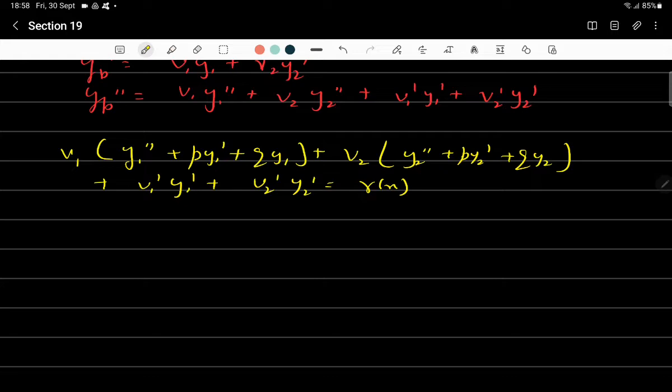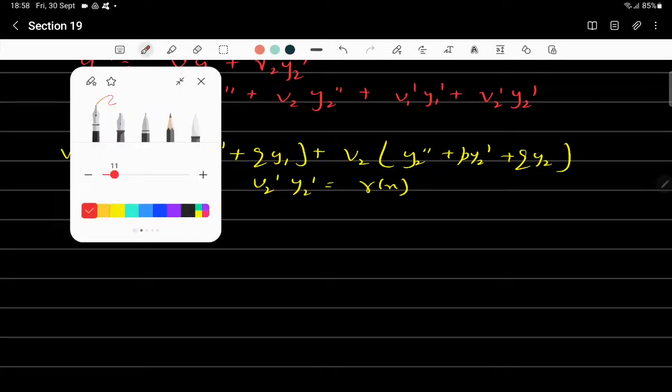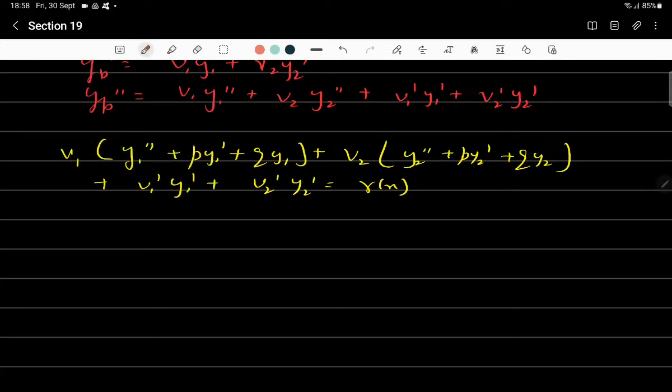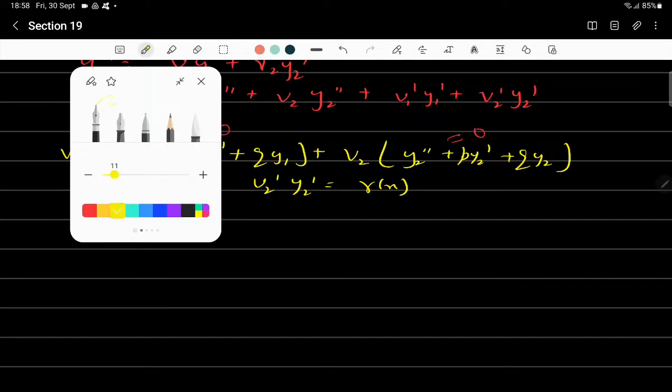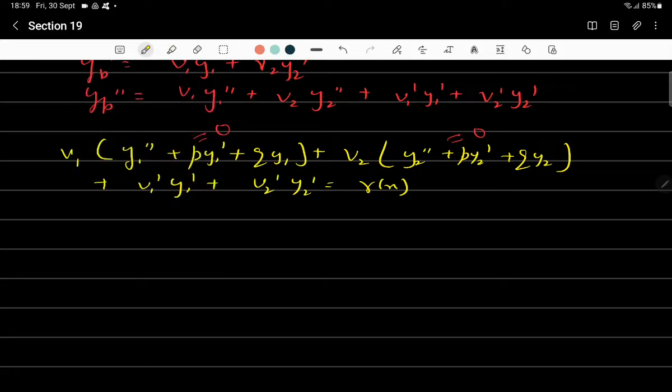Now recall that y1 and y2 are solutions of the homogeneous differential equation, because yg is c1 y1 plus c2 y2, where y1 and y2 are solutions of the homogeneous differential equation. Therefore they must satisfy it, so y1 double dash plus p y1 dash plus q y1 is equal to 0, and y2 double dash plus p y2 dash plus q y2 is equal to 0.